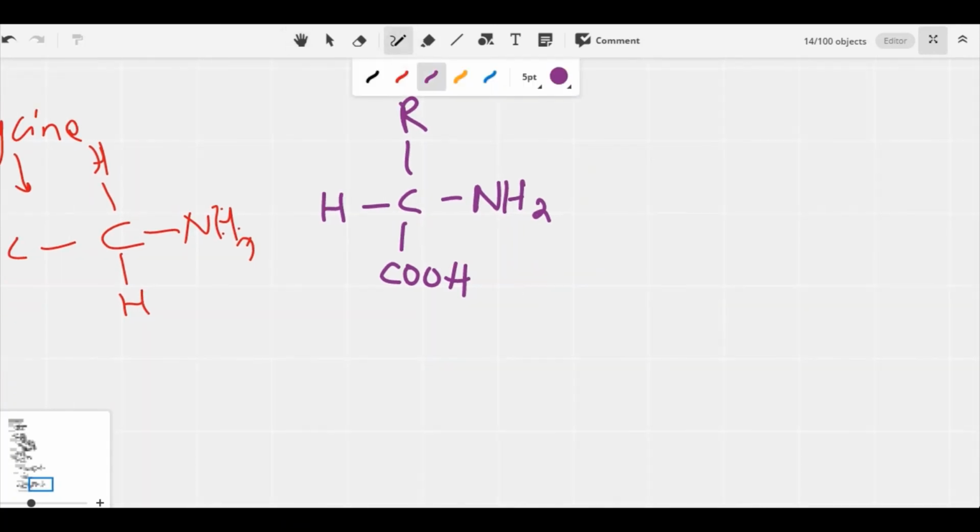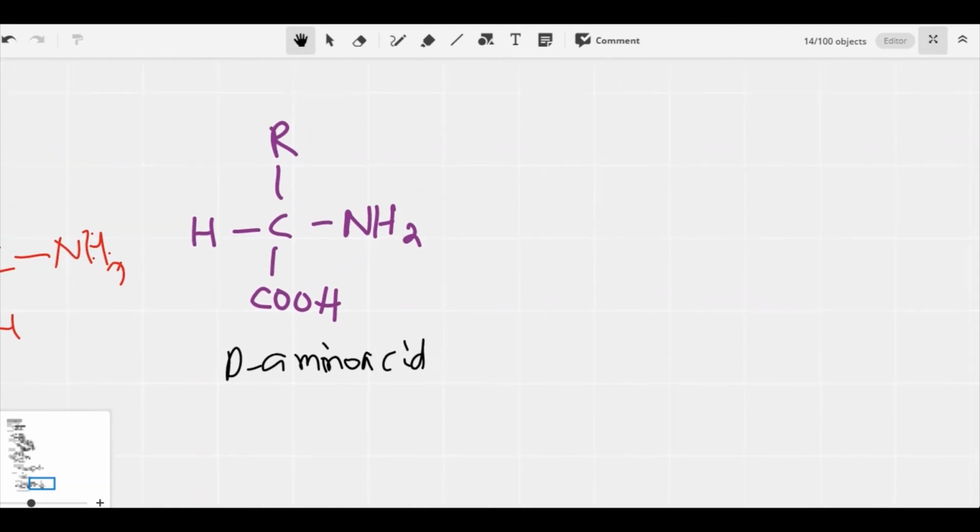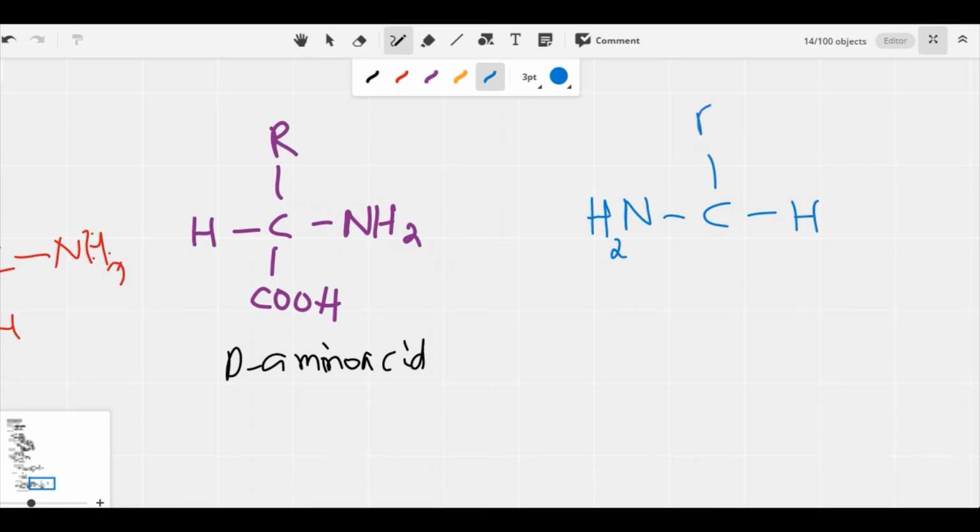That would be the D amino acid, while in the L amino acid the NH2 group will be on the left side, with the carbon, hydrogen, R and COOH. So that is the L amino acid.